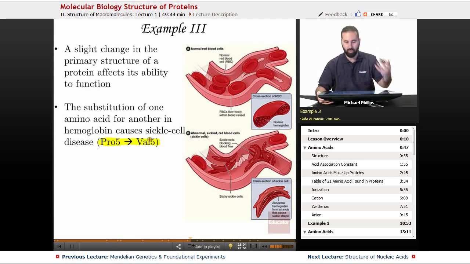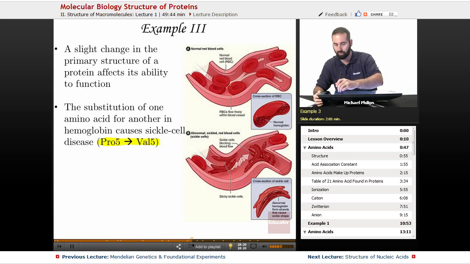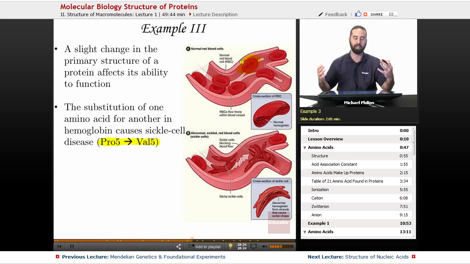Now, normal hemoglobin, which is found in red blood cells, carries oxygen very well, and it has no effect on the shape of our red blood cells. Our red blood cells normally look like a nice little donut shape.